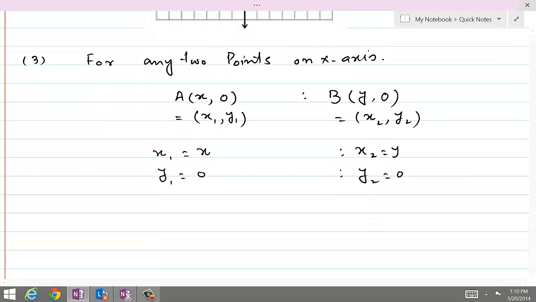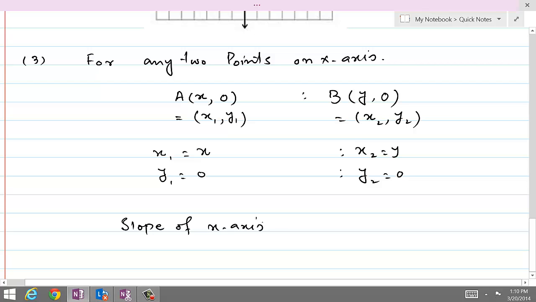Therefore, the slope of the x-axis is equal to y2 minus y1 over x2 minus x1.